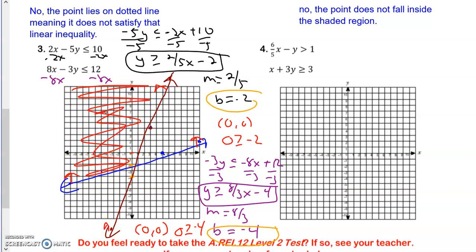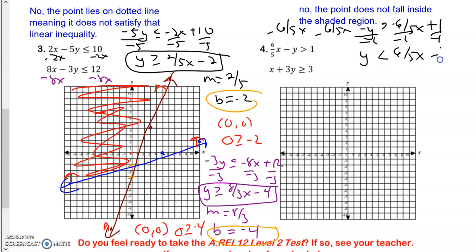Taking a look at the last two problems. So on this one, I'm going to subtract 6 over 5x. So I get a negative y is greater than negative 6 over 5x plus 1. Then I'm going to divide by negative 1, which means I have to change the inequality sign to less than 6 over 5x minus 1. So m equals 6 over 5 and b equals negative 1.